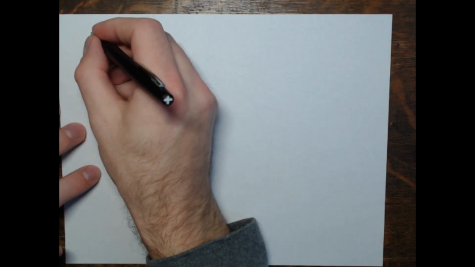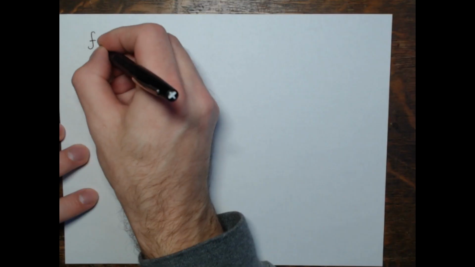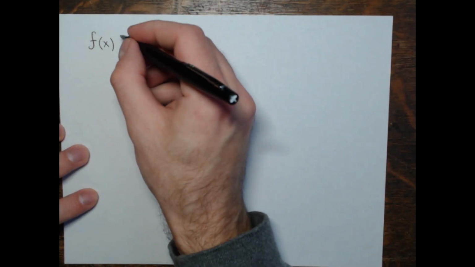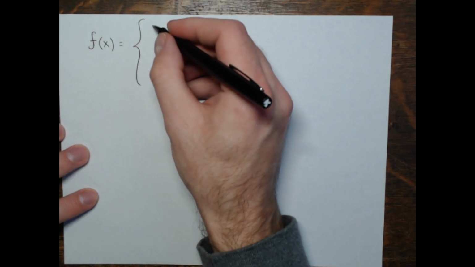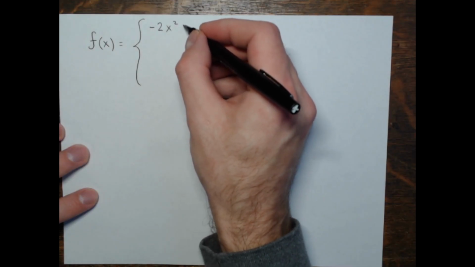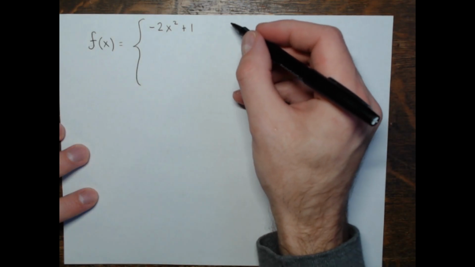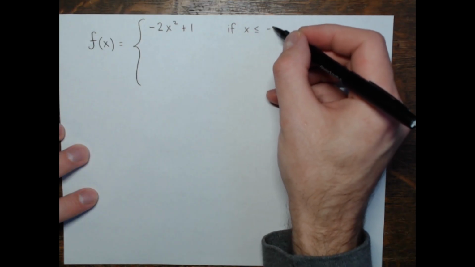All right, so let me write down our function. So again, piecewise, oops, better marker, sorry. So f of x could be one of three outputs, depending on what your input is. So the top piece was -2 times x squared plus 1, but that was only if x was less than or equal to -4.